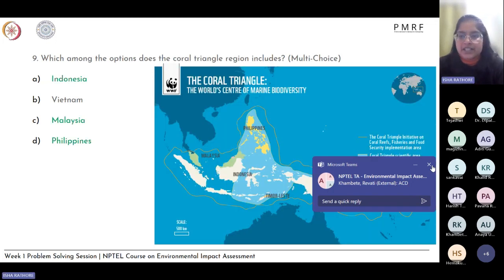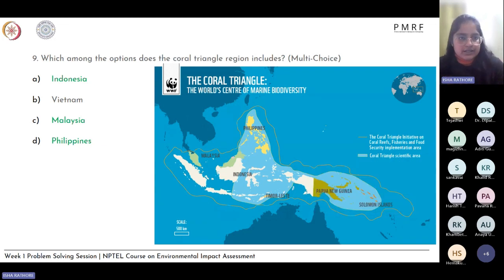That is Indonesia, Malaysia, and Philippines are the regions which are included in the Coral Triangle. So the Coral Triangle Initiative deals with the coral reefs, fisheries, and food security implementation in this Coral Triangle region. So regions which are included are Malaysia, Philippines, Indonesia, Timor-Leste, Papua New Guinea, and Solomon Islands.